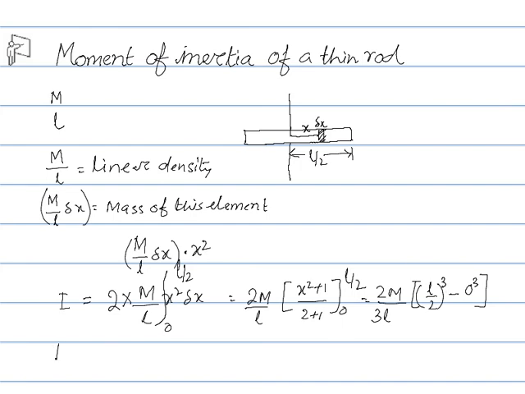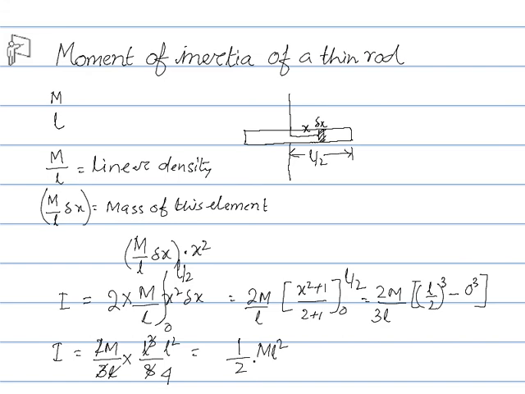So we get I equal to 2m by 3L into L cube by 2 cubed, which is 8, so 4. L and L cube cancel out to L square, so ultimately 4 into 3 is 12, that is 1 by 12 m L square.